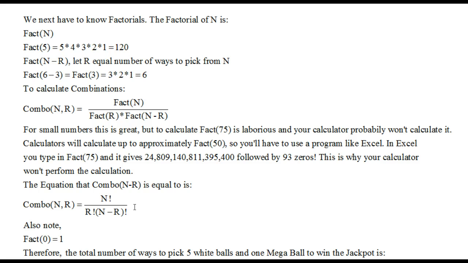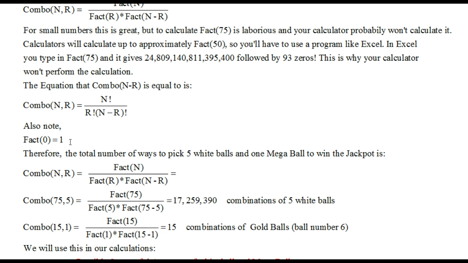So if you have a set of 75 numbers and you got to pick 3 or 5 or 8 or whatever, it'll tell you how many combinations you can come up with, okay? So that's what that equation does right there. Also, what I want you to note is the factorial of 0 is equal to 1. And you will see that in a few minutes.